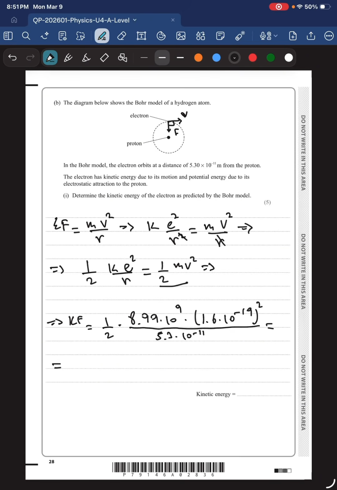And if you carry the calculation, you will find 2.17 times 10 to the negative 18 joules. And if we divide by 1.6 times 10 to the negative 19, we can convert to electron volts, and we find 13.56 electron volts. This is one of the most popular results in quantum mechanics.